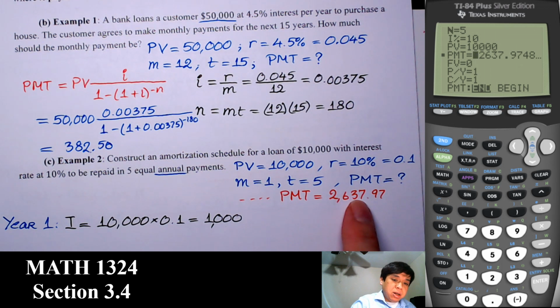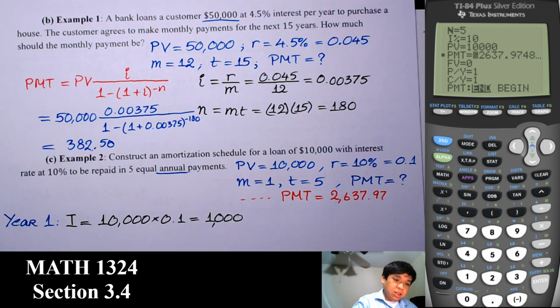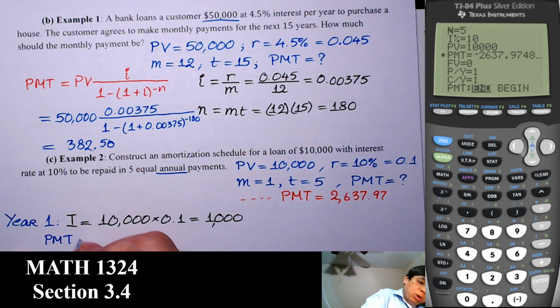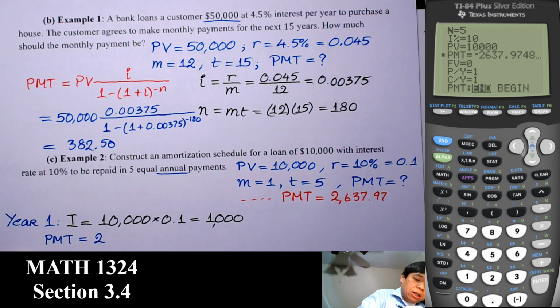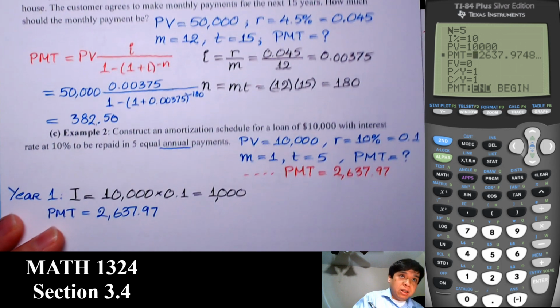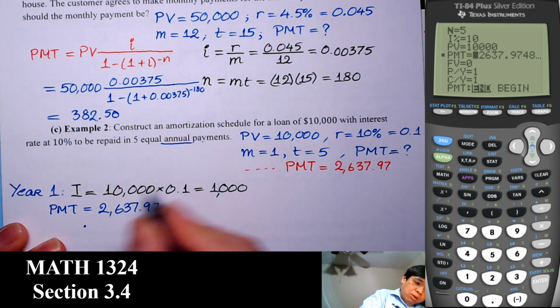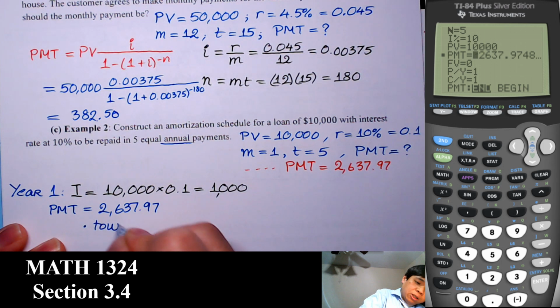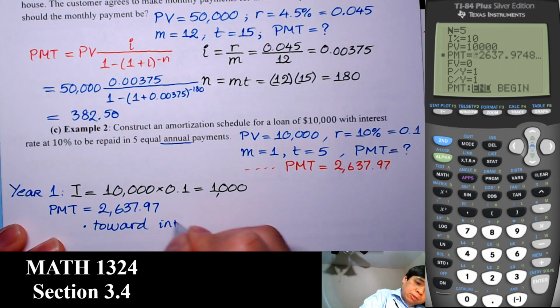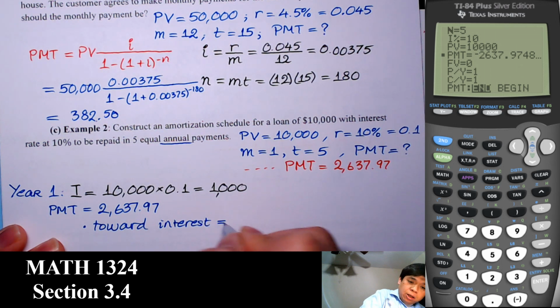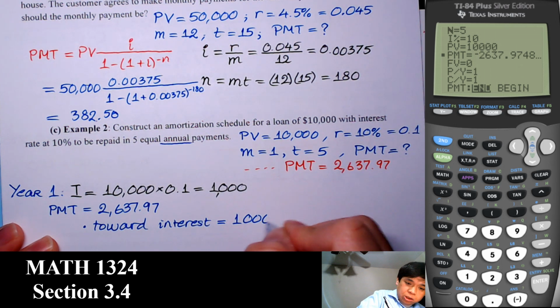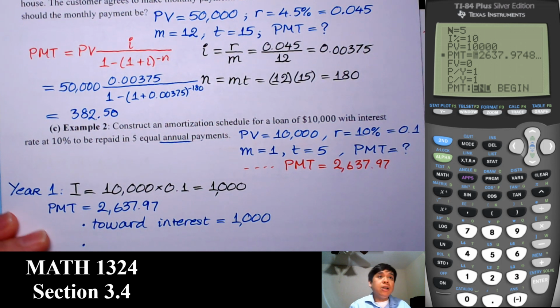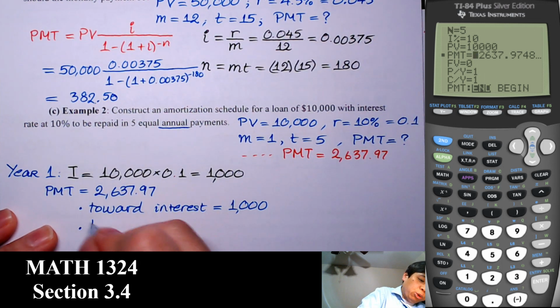Now, we make that payment. So from this payment we subtract the interest. The payment is $2,637.97, and the amount toward interest is 1,000, and the rest goes toward principal.